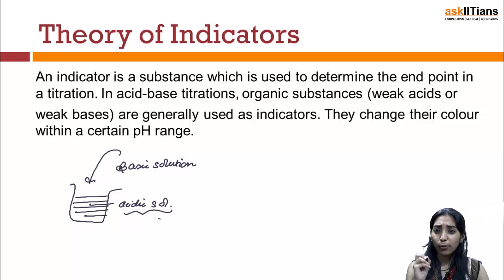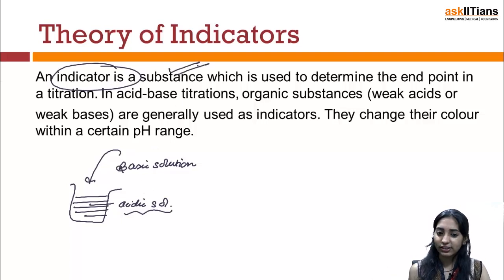And that particular point where you have added enough base that complete neutralization has taken place, to judge that point, to qualitatively find out that point, we use a substance which is known as an indicator. So I can say that an indicator is any substance which is used to determine the end point in a titration. In acid-base titrations, which we generally encounter in everyday life in laboratories, the organic substances, which are generally weak acids or weak bases, are used as indicators.